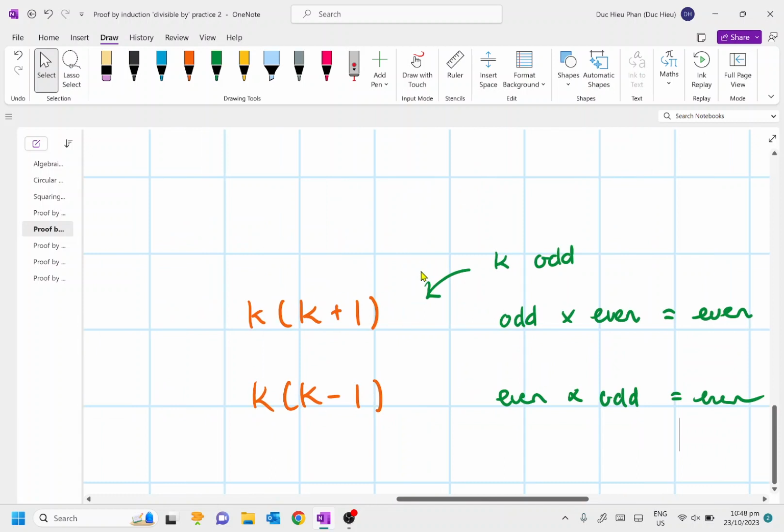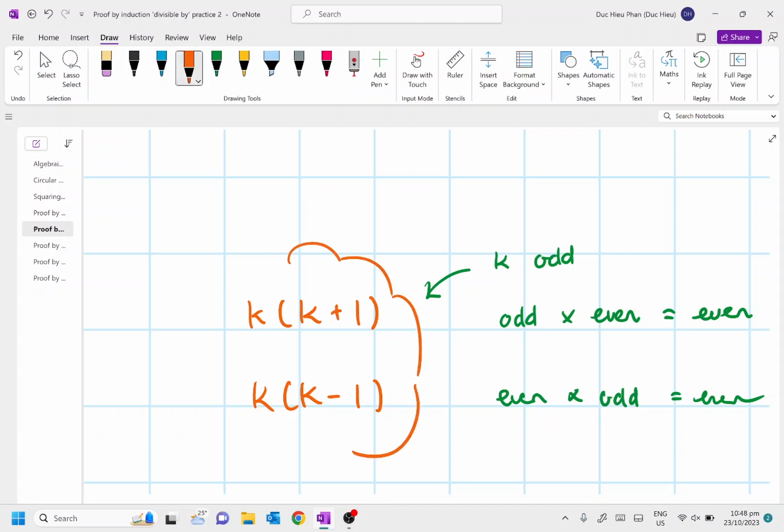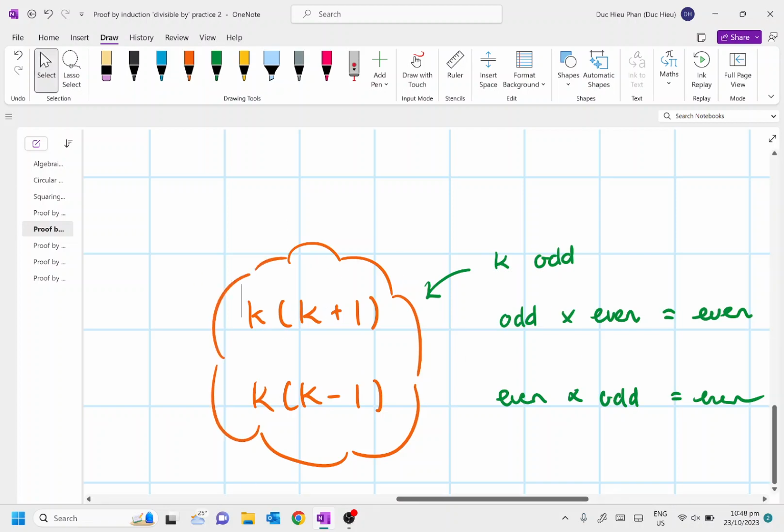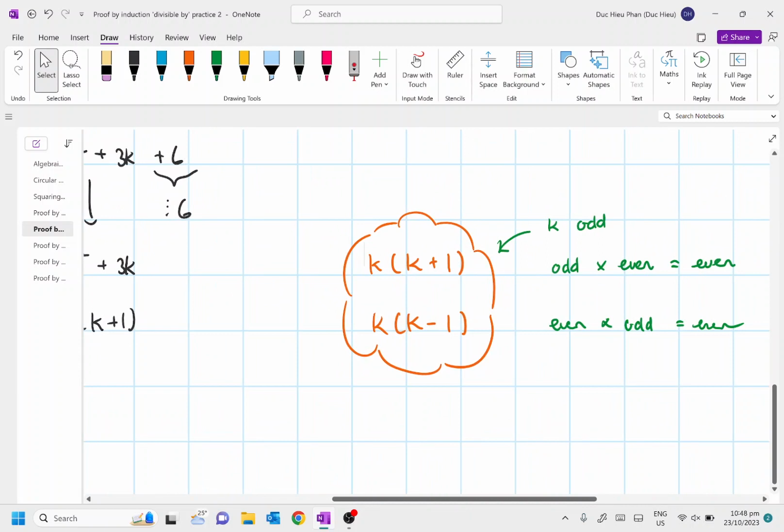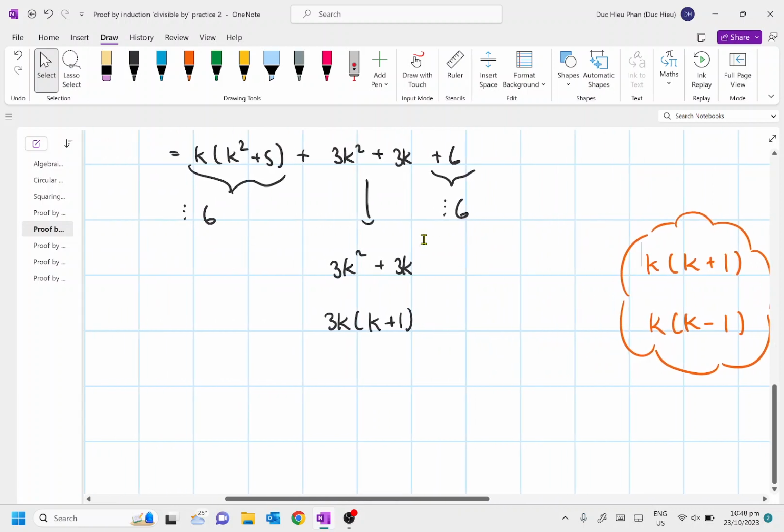So when we have k times k plus 1, and k is any positive integer, these will always be an even number, and these will always be divisible by 2. So make sure you remember these two. They're always divisible by 2 because they always end up as an even number.